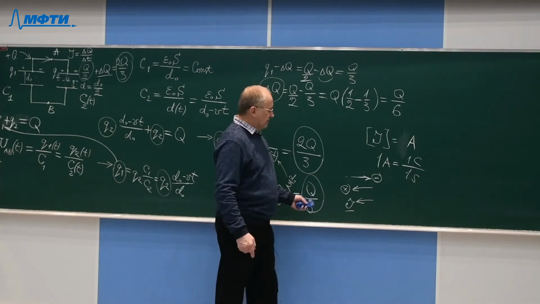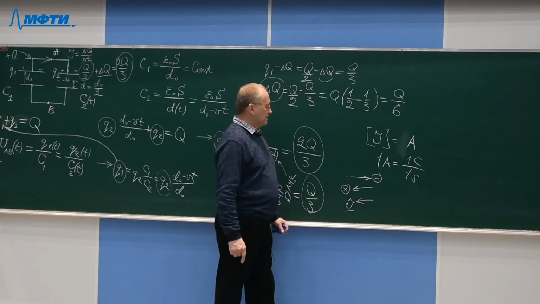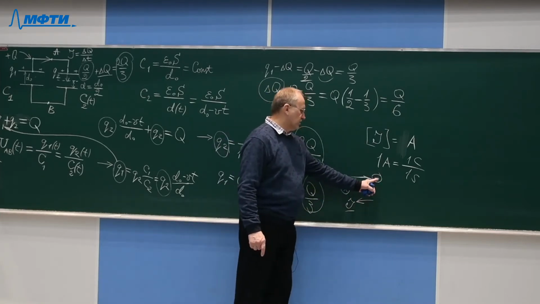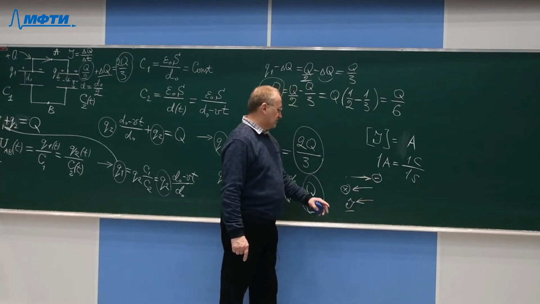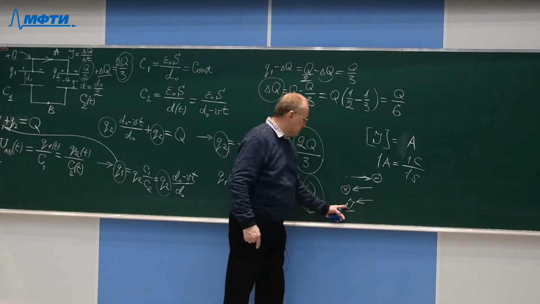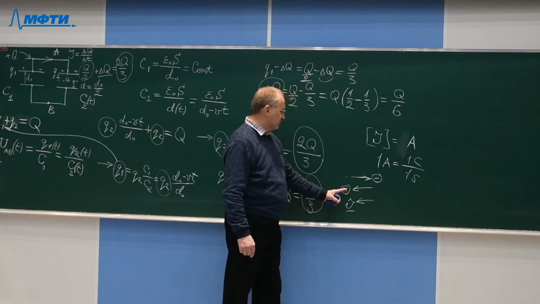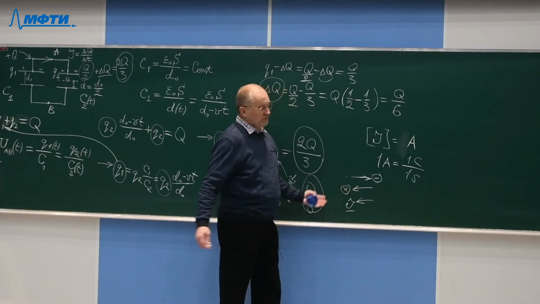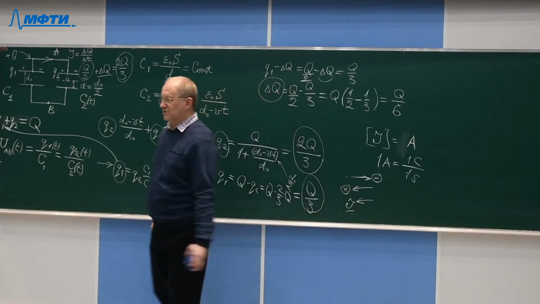Even in the case when there are only electrons, that is a particular case when the charges of one single sign take part in carrying the current. But even in this case, the direction of the current is assumed to be the direction of motion of positively charged particles, even if there are no positively charged particles and only the electrons take part in current conduction.